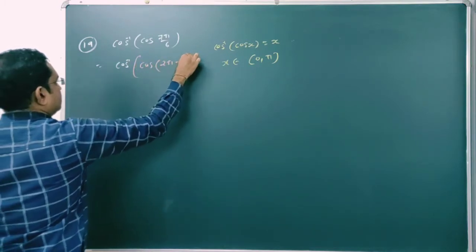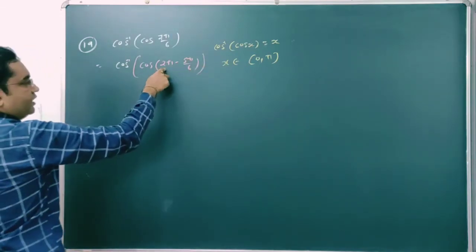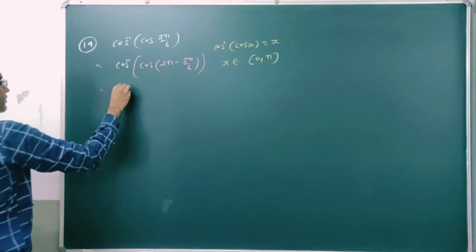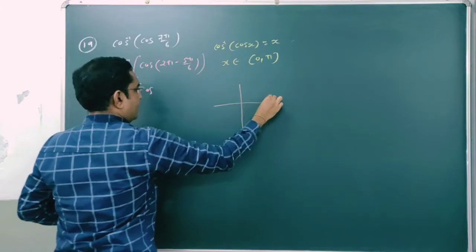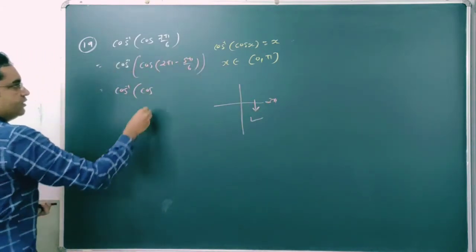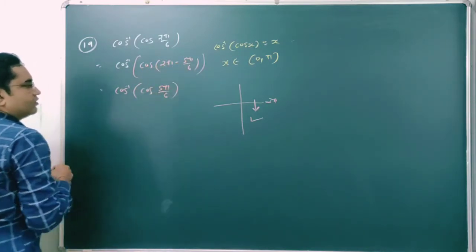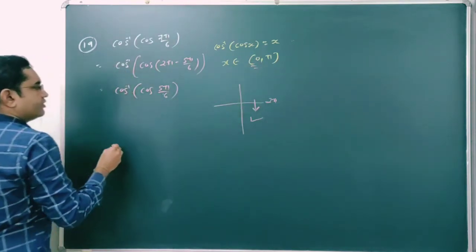That is the transformation. Check: 6 twos are 12, 12 minus 5 is 7. We did this all on 11. So this one is cos inverse cos of 2 pi minus 5 pi by 6. Cos is positive in the fourth quadrant, so cos of 2 pi minus 5 pi by 6 is cos 5 pi by 6. So cos inverse cos 5 pi by 6 is 5 pi by 6, which lies in the closed interval 0 to pi.